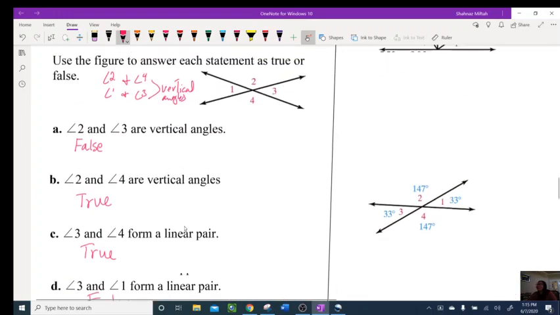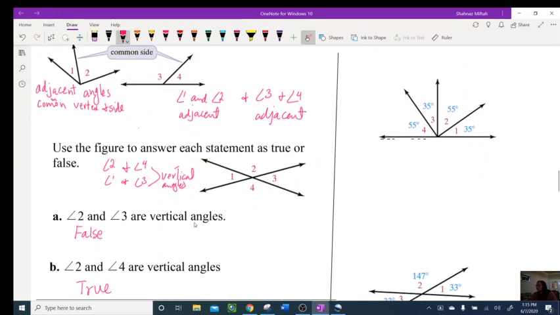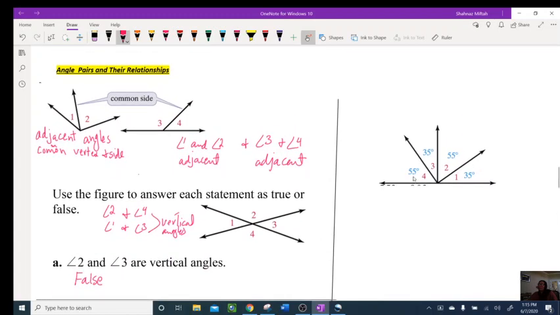Okay, let's go back to these shapes. Before I go to this question, I want to say something about complementary and supplementary angles.